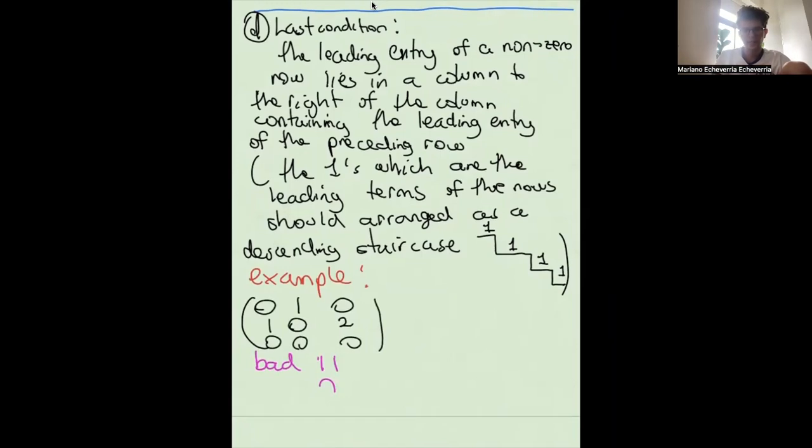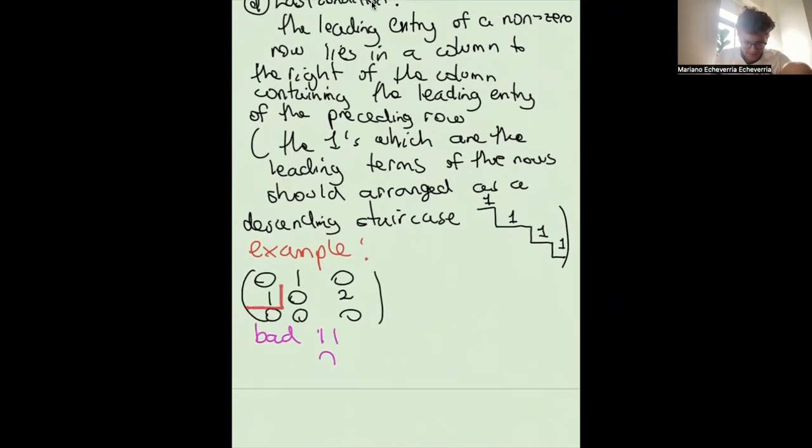Because if you draw a staircase connecting the ones, you kind of have to climb up the staircase from the first one to the second one. Is that making sense? You want the staircases to always go decreasing in height. So how could you do that? You can switch the rows. So if you switch the rows, now the staircase of ones looks like this, which is descending. Is that making sense?